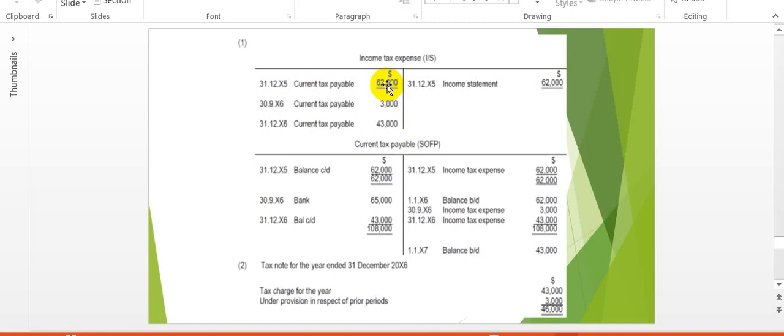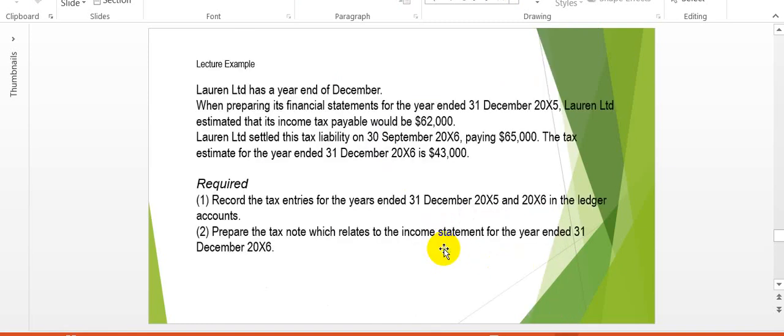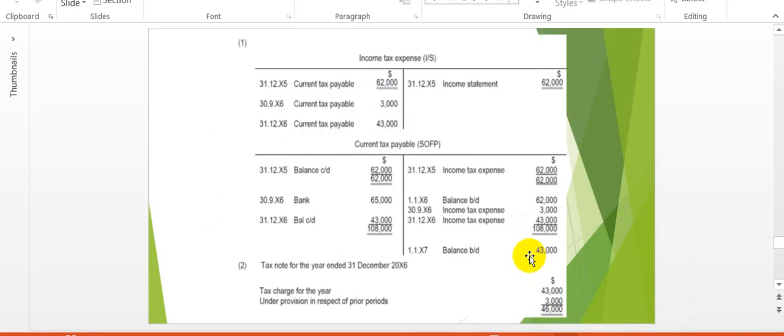Then in the income statement, $62,000 has been paid in 20X6. So the income statement will be debited.